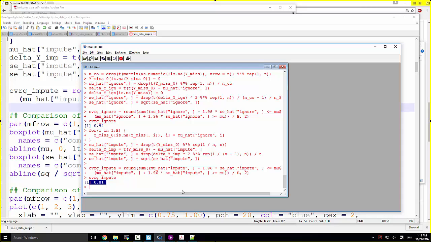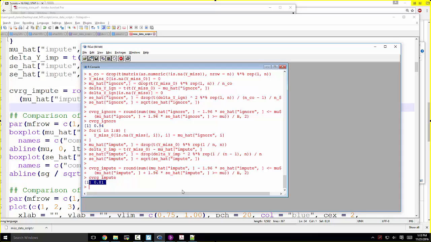The issue with doing imputation like we just did is that we have used the data to estimate something that we then used with the data and moved on. So we have to keep track of what parameters we have estimated. The more parameters you estimate, the more degrees of freedom you've used up in your data.